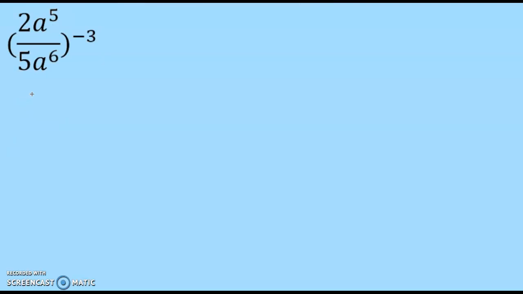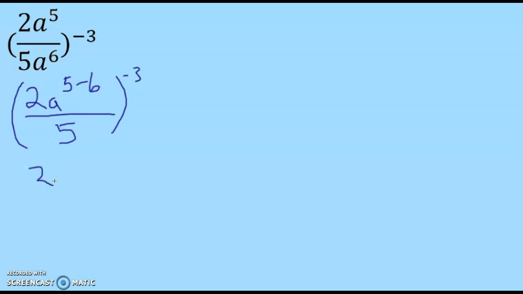So we're going to rewrite it as 2 times a to the 5 minus 6 power all over 5, all raised to the negative 3rd power. So then we have 2a to the negative 1 power all over 5, all raised to the negative 3rd power.